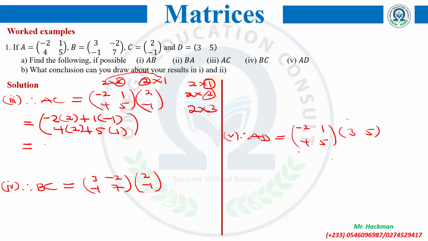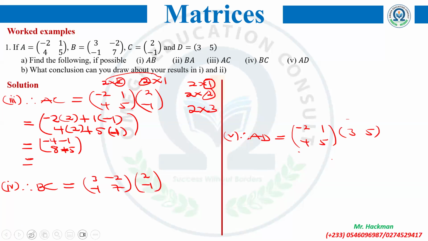So that's going to give us minus 4, then minus 1 times minus 1, which is... wait, it should be minus 5. Forgive me, my minus didn't come. I thought that was the bracket. Thank you very much. So it will be minus 5.